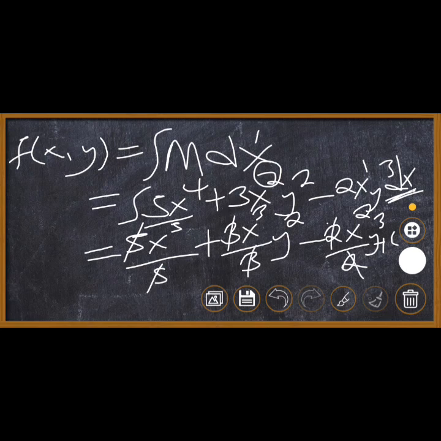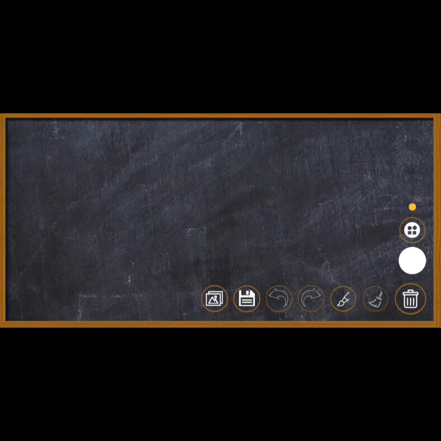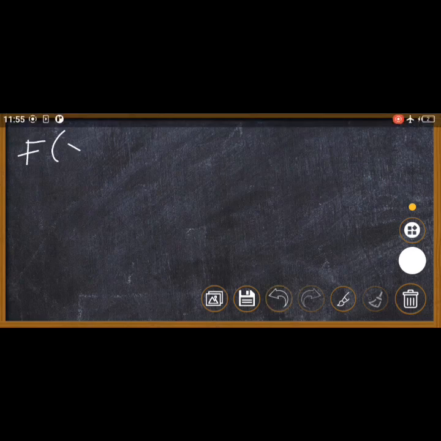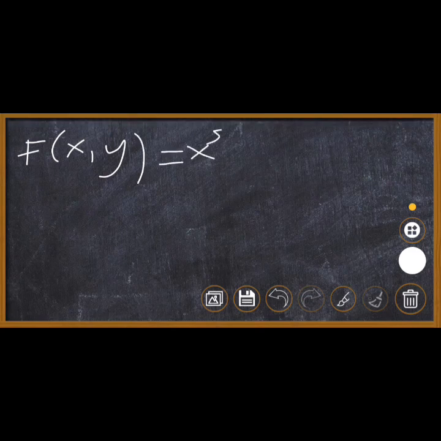So remember, after we have manipulated this, we are just going to remain with the function f of x comma y. We are going to remain with only x⁵. Then here we are just going to remain with x³. We have already removed the denominators. We have already cancelled out what is the same on the numerator and the denominator. So here we are just going to have this, then plus the constant c.